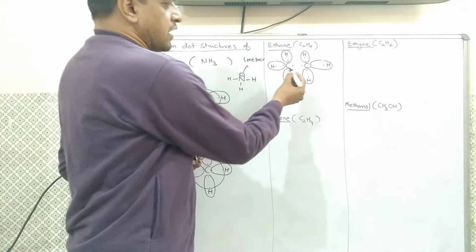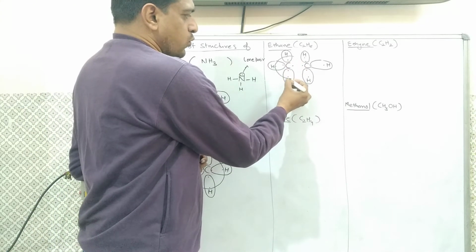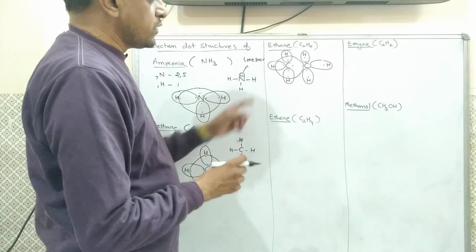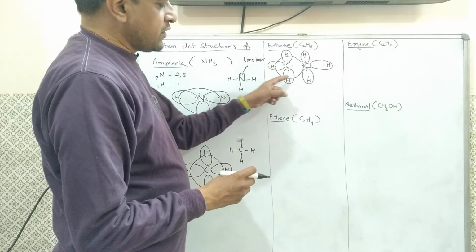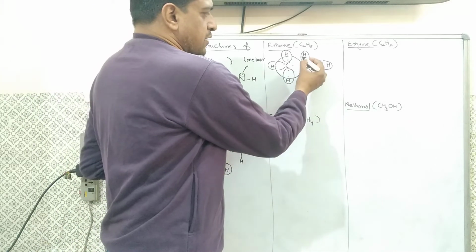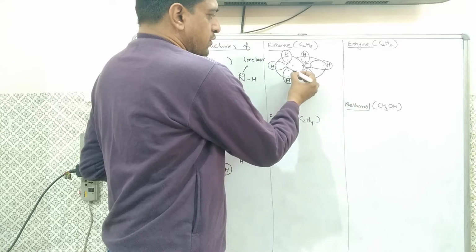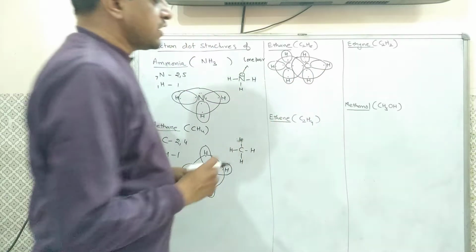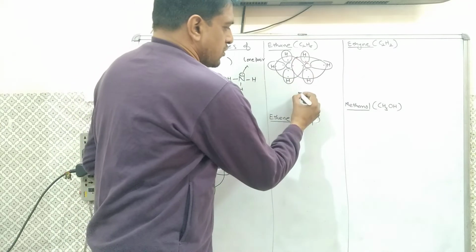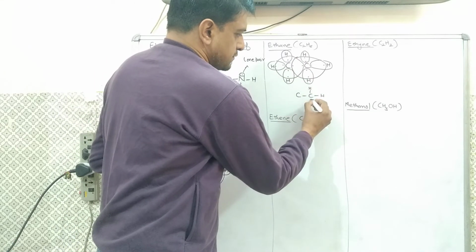Now each carbon will share 3 electrons from the hydrogen and 1 electron from the neighboring carbon. In this way, this carbon now has 8 electrons in the outermost orbit. Similarly, this carbon will also share 4 electrons from the neighboring atoms, and in this way the structure of ethane will be like this.